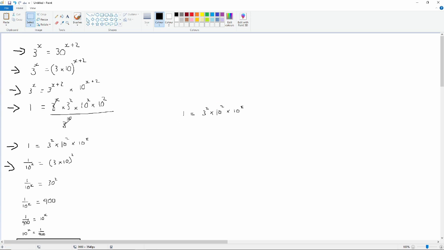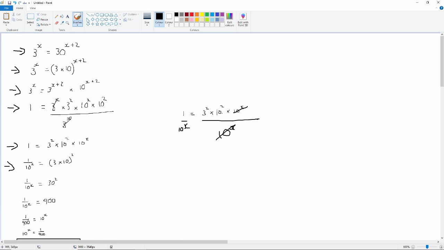And now we're dividing through by 10 to the power x. So cancel and cancel. And that leaves us with 1 over 10 to the power x is equal to 3 to the power 2 times 10 to the power 2.